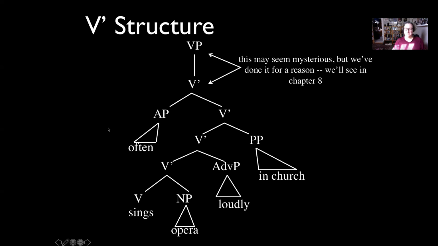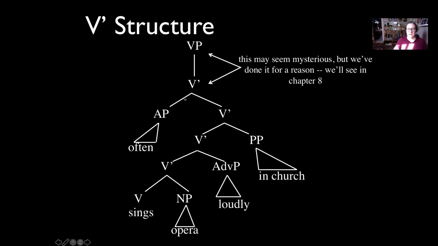Sings opera, right? So this may seem mysterious, putting your V-bar here when you just come down from a VP straight to a V-bar, but there are reasons for it, and we'll see them in chapter 8. For now, when you hit that VP, you're going to go straight down to a V-bar. That'll be your first step.